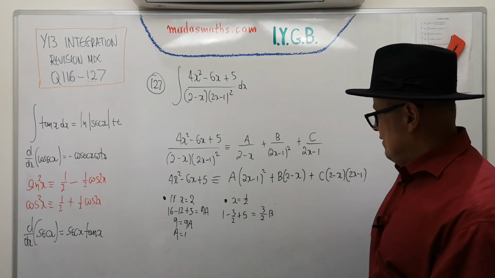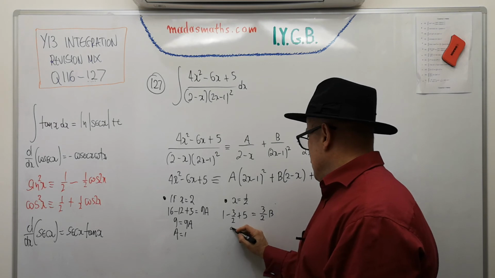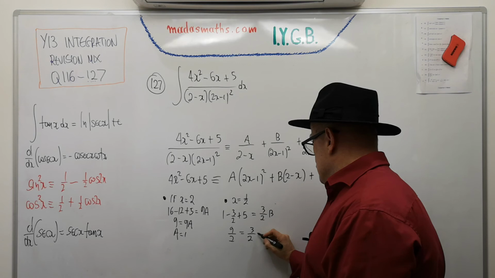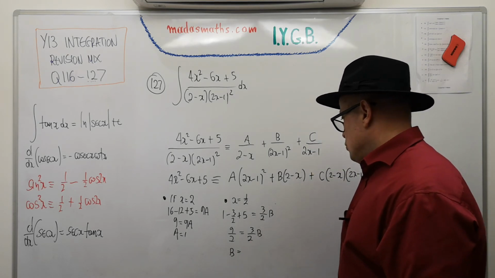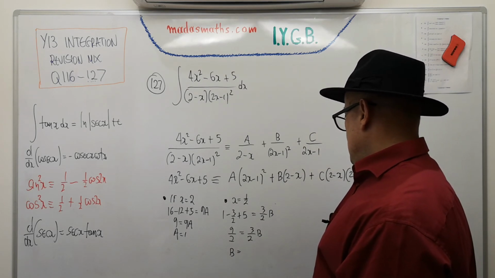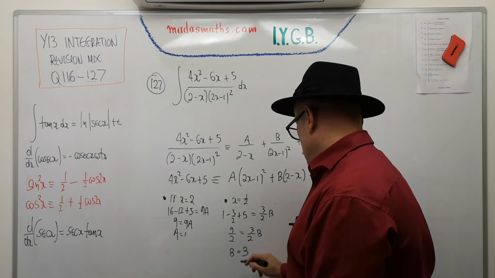So we go 5, 6, 4 and a half, so we're going to have 9 over 2 is equal to 3 over 2 b. So my b must be equal to 3?